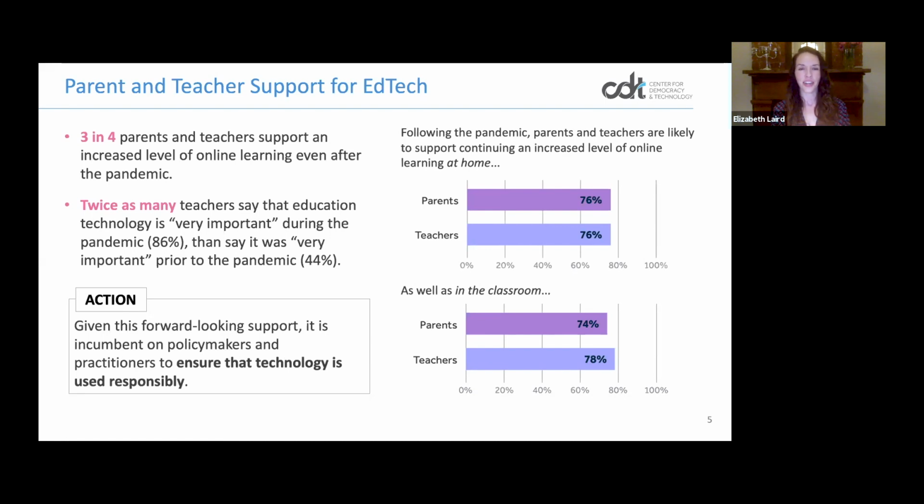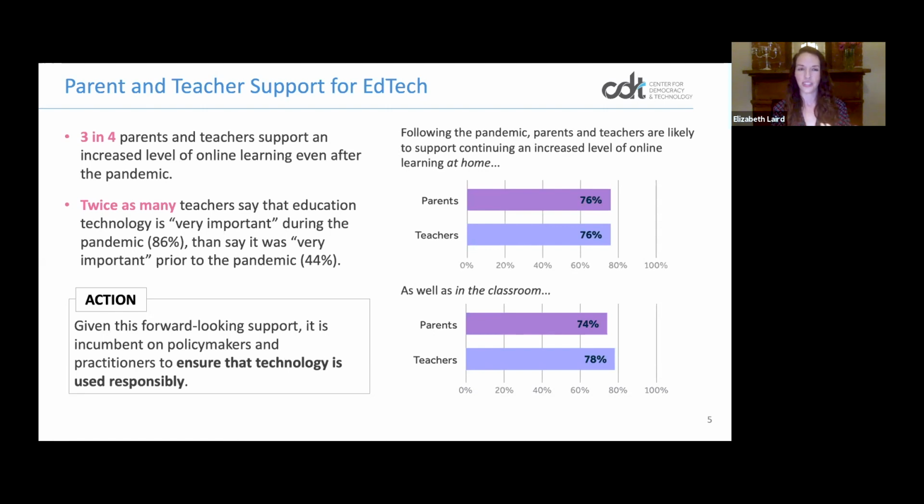Now, does that mean that there have been no issues with implementation? Definitely not. But I think what our survey suggests is that technology is not going away, and that there may be a role for it to continue in an increased way even after the pandemic. And so what that means is that it's on all of us to make sure that technology is used responsibly.